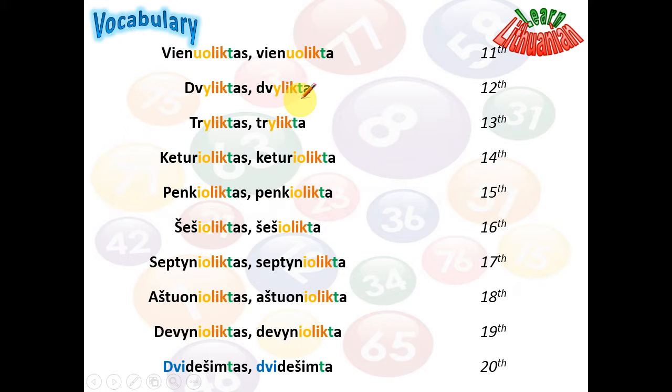So when listening and someone says a number, you have to notice whether there's a t or no t, whether it's dvylika or dvylikta, a normal number or an ordinal number. These numbers are all made with the letter T. No big difficulties there.